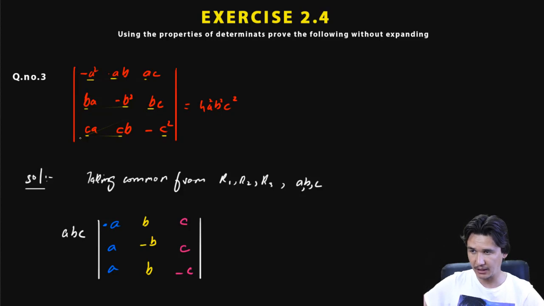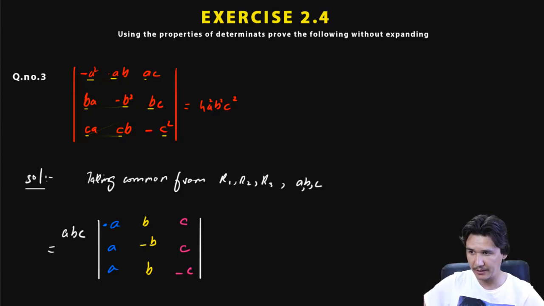From row 3 we took c common, so we have a remaining, b remaining, and minus c remaining. Now you can see what we have here already.